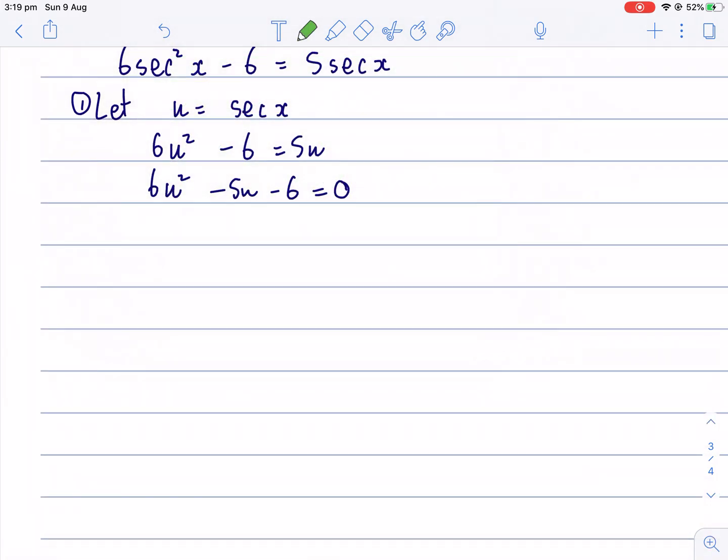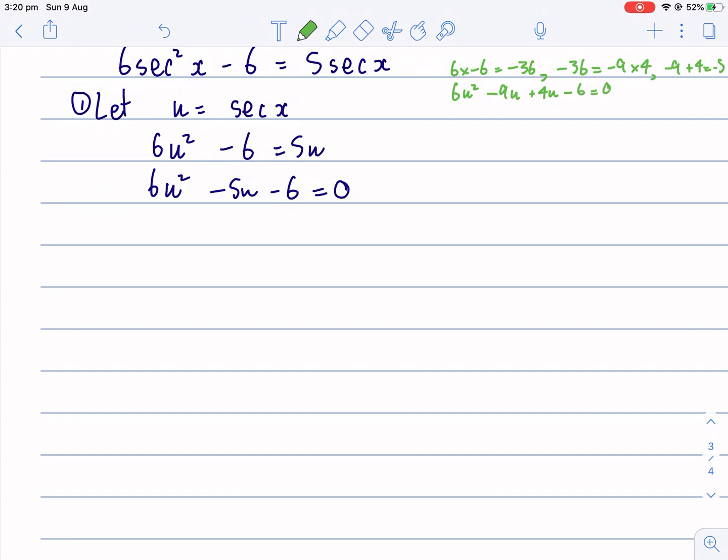If we want to solve this, 6 times negative 6 is negative 36. Negative 9 times 4. Negative 9 plus 4 equals negative 5. Good. So we've got 6u squared take 9u plus 4u take 6 equals 0.